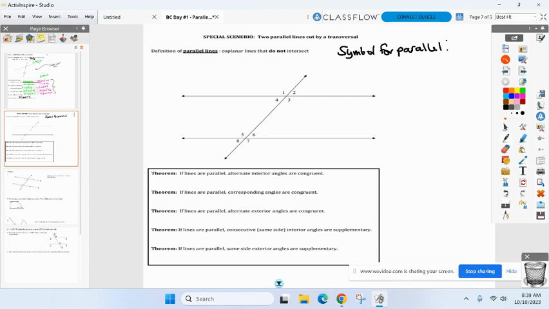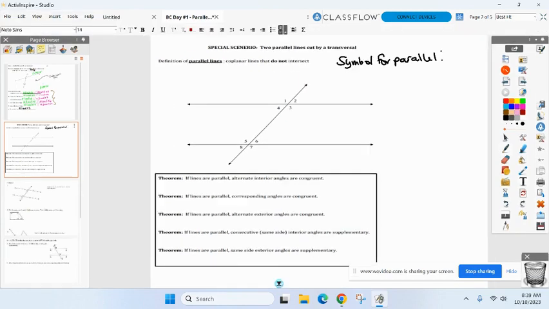Parallel lines, symbol. Sally, what do you got? An upside down T. Oh, that's perpendicular. We got a couple lines involved.